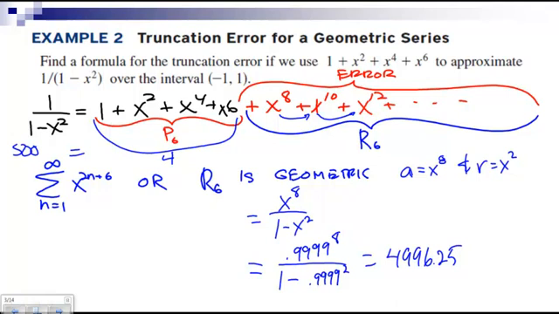Are you ready? Hold on. I don't think so, but let's do it anyways. I keep not getting the right answer. I don't know what's going on. Are you putting the 1 and then 0.9999 in parentheses? So 0.9999, that was my x. Okay, that's a good idea. All right. And so what we're going to say is x to the 8th divided by quantity 1 minus x squared.